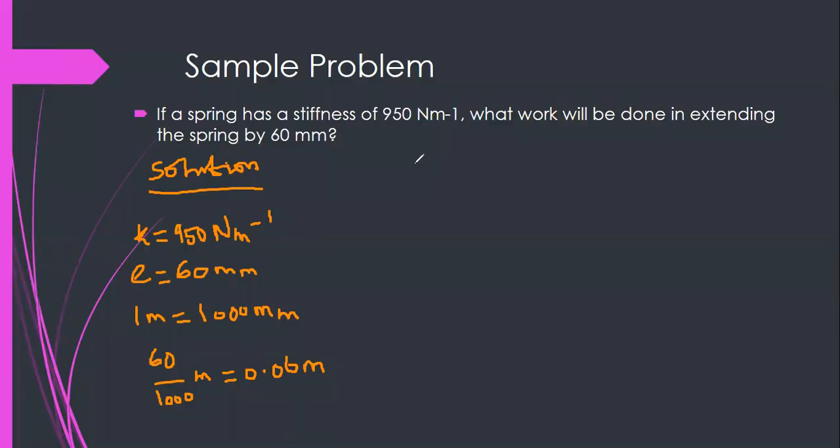So we use this work done equation again. Work done is giving us 1/2 multiplied by Ke square. Then we substitute now.